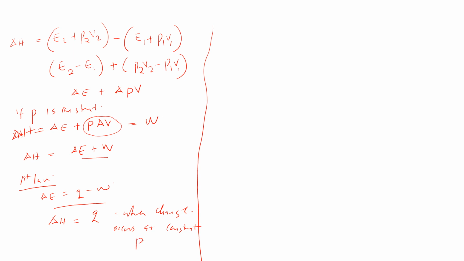And this relationship is usually written as delta H is equal to Q subscript P, which means constant pressure. So delta H can be measured by measuring the heat of a process occurring at constant pressure.